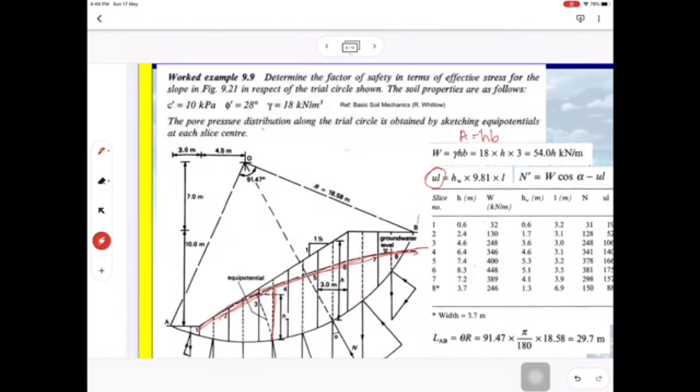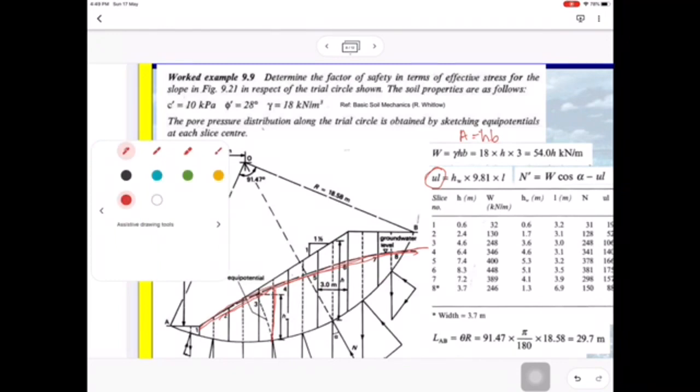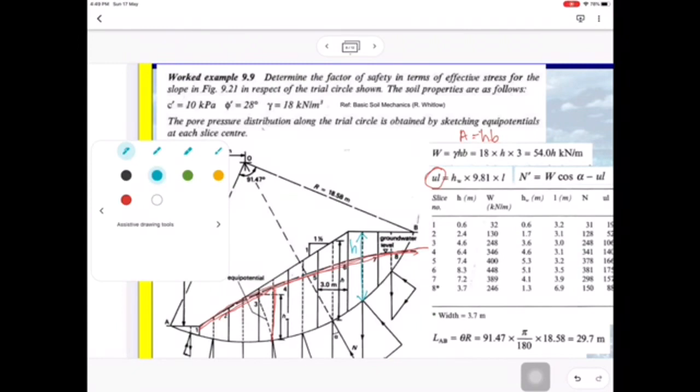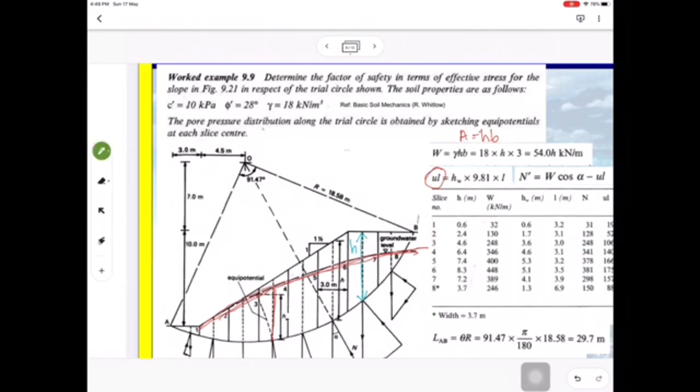For example, for slice 7, this is H. But this is where the groundwater level is.